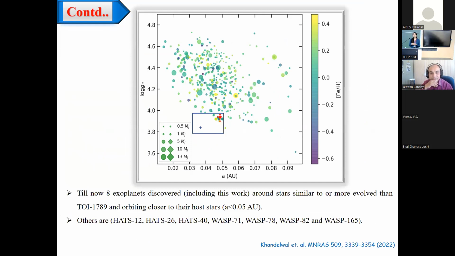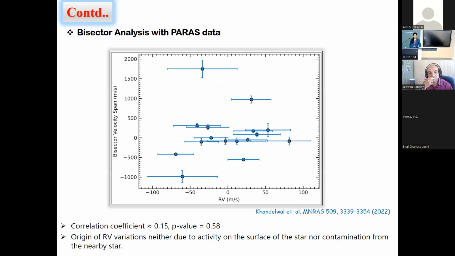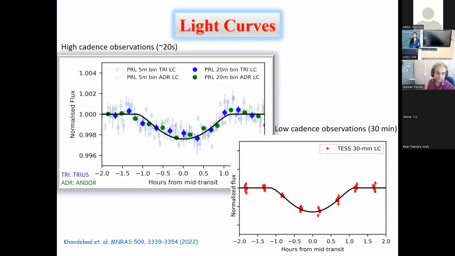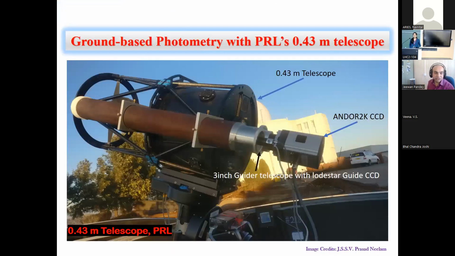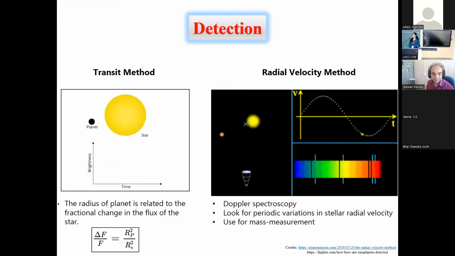You have to confirm it with ground-based observation or a smaller pixel scale, and also it has a 30-minute cadence. So you cannot, like I previously mentioned, the error bar in the radius is 27%. Why does it have a 2-minute cadence too? No, but this target is observed in 30-minute cadence. Okay.